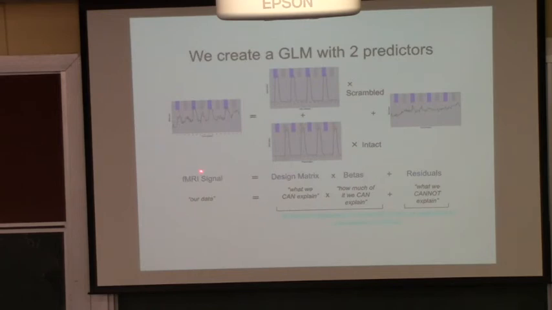So you're asking, in your data, what can we explain using our design matrix, and how much of it can we explain using the beta weights associated with your different task conditions. So statistical significance is based on these betas. Okay? If they're higher, it means things are more active or more statistically significantly active for different task conditions.